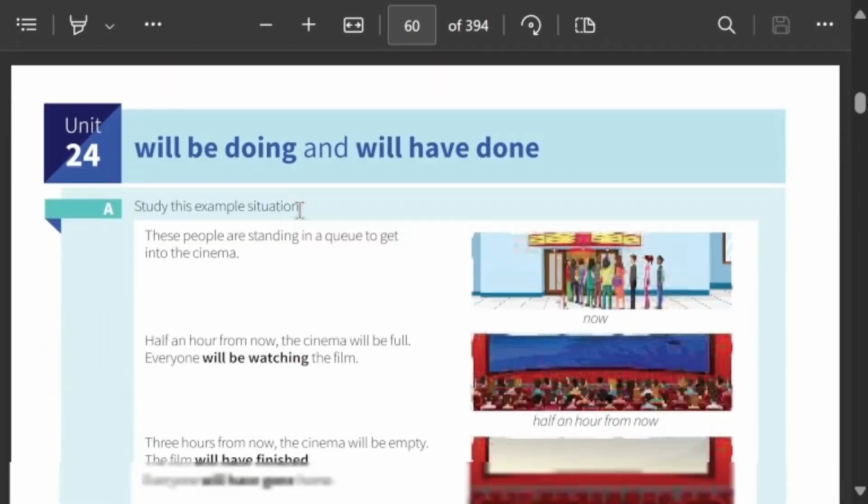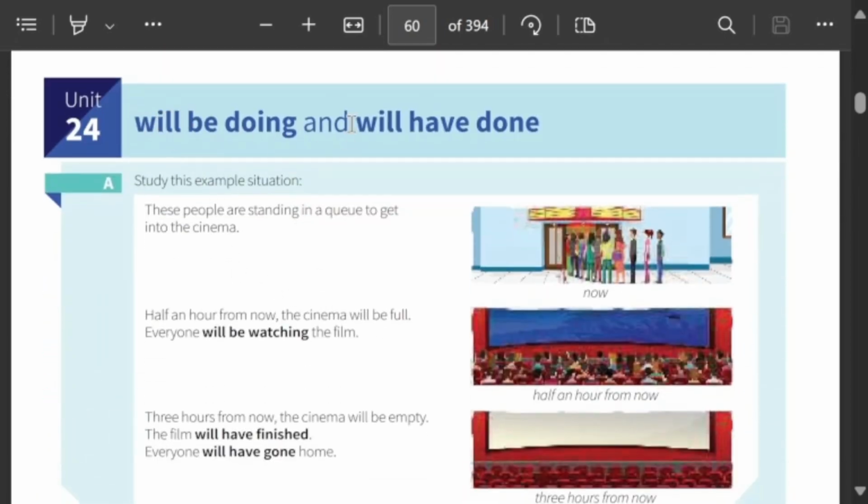Here we are learning two tenses. One is with the continuous. You see, will be doing. An action that will be happening in the future. It's continuous but in the future. And will have done is the perfect. Future perfect. Future perfect, not continuous. This is future continuous and this is future perfect. Okay?